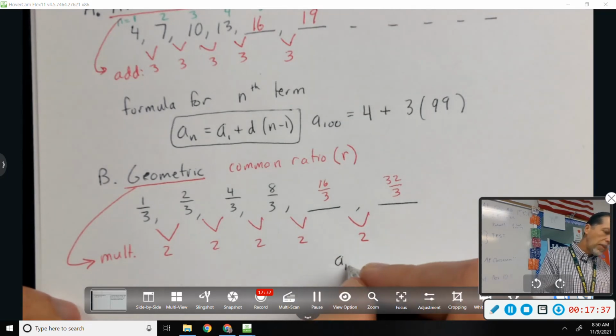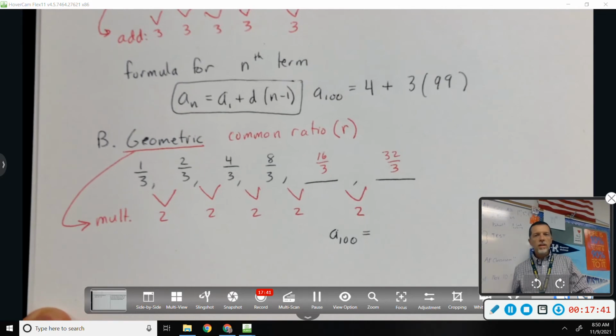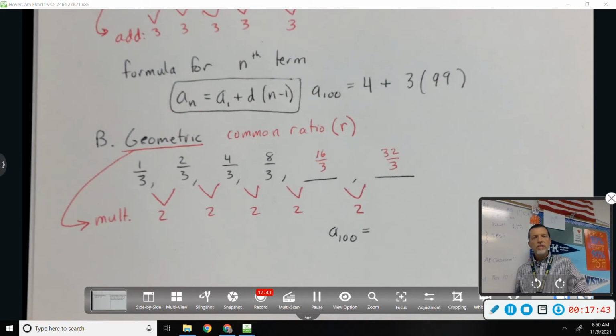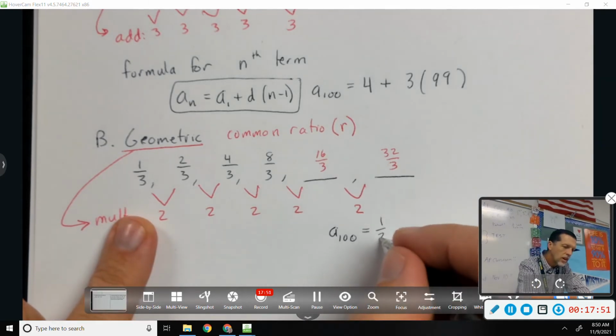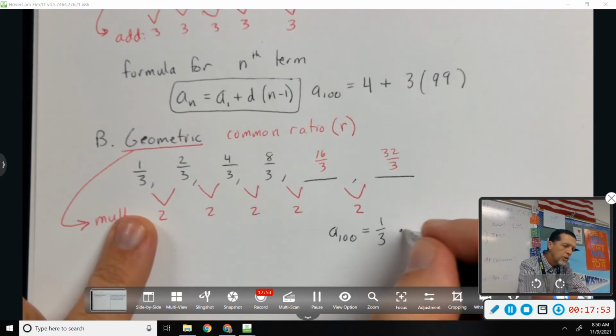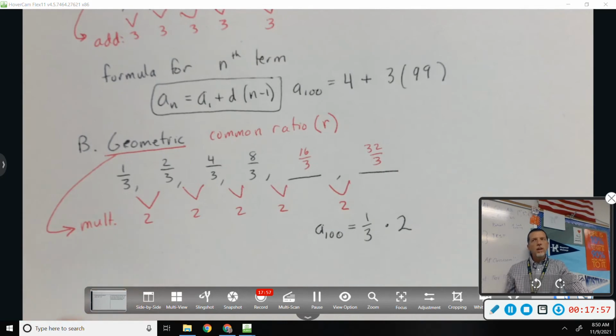Again, let's think about the 100th term. We'll see some parallels here. If I want to get to the 100th term, well, we started with 1/3. I need to multiply by 2. Okay, two things to think about.